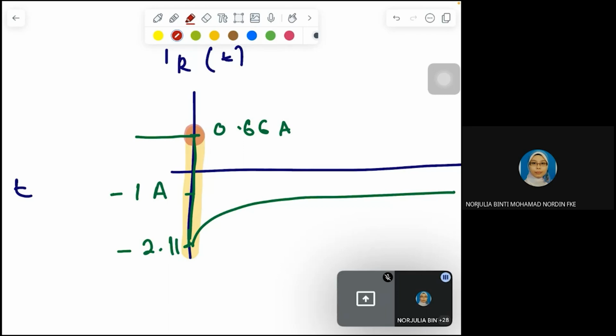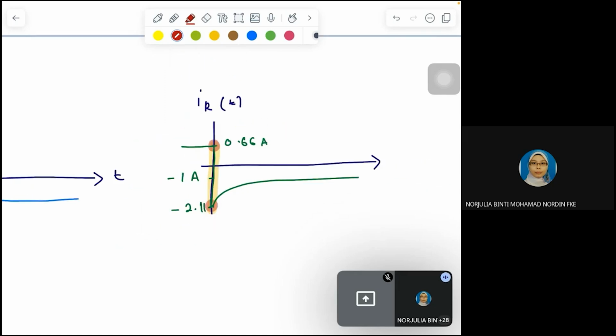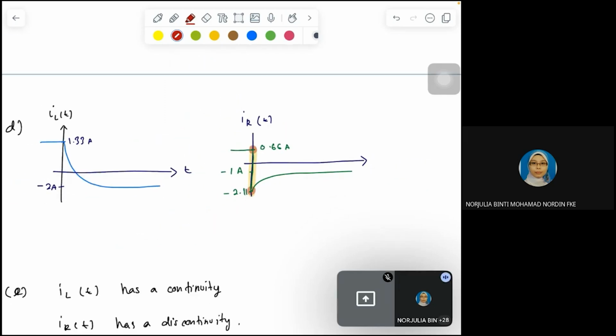But at the same time, at t equals 0, we also have another value, which is negative 2.11. So from this situation, we can see that the 0.66 and negative 2.11 are actually having some delay before they continue their journey.